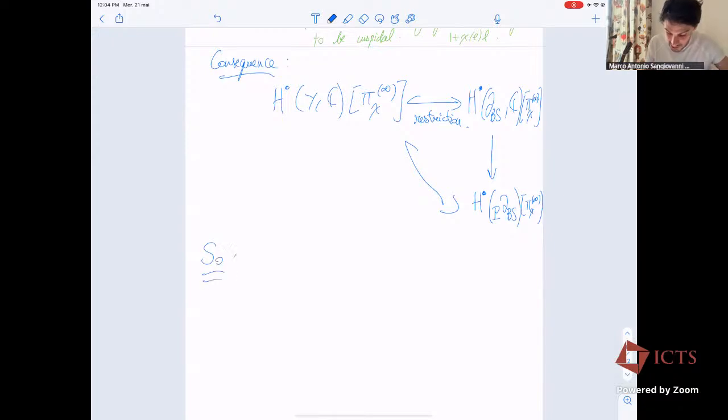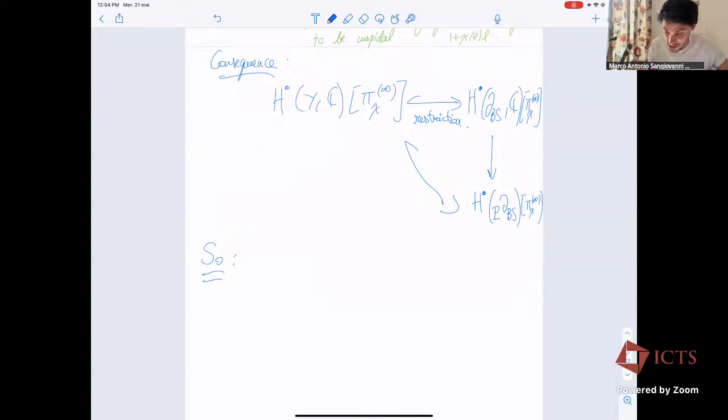So this is a geometric avatar of the statement that the Eisenstein series are determined by their constant terms.